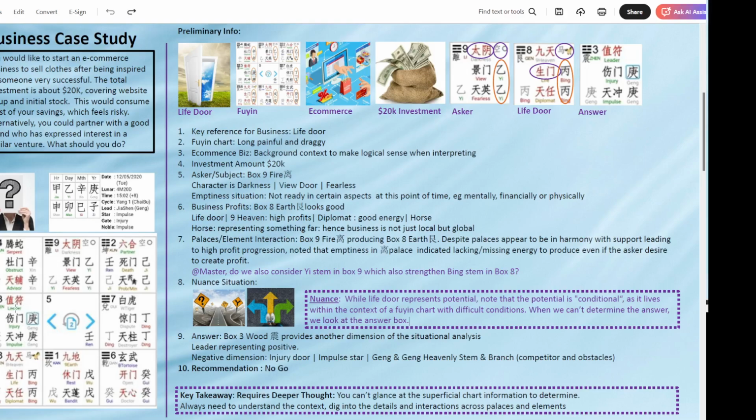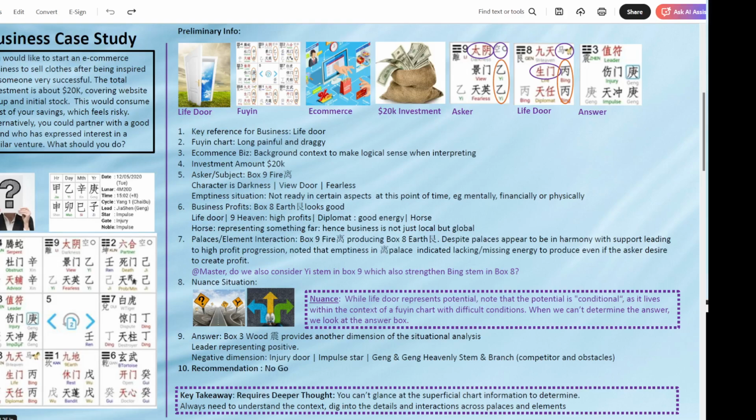What we have inside: the Chief Star, the Leader Star, the Injury Door, and the Impulse Star.